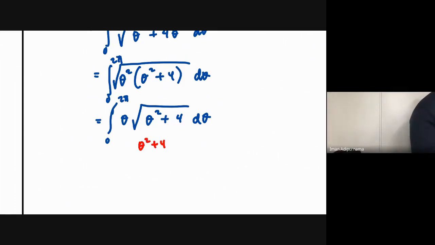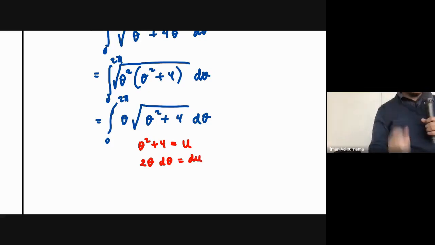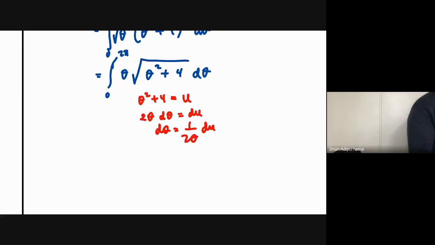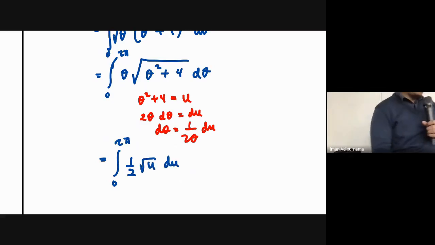So let's substitute all this theta squared plus 4 as u, and then we get 2 theta d theta equals du. So d theta is 1 over 2 theta du, and then we can substitute d theta, and we get half square root of u du.